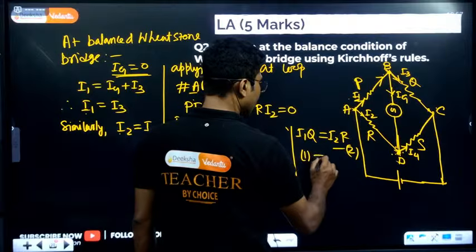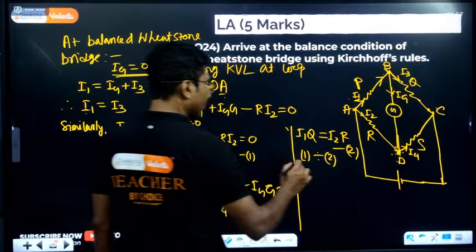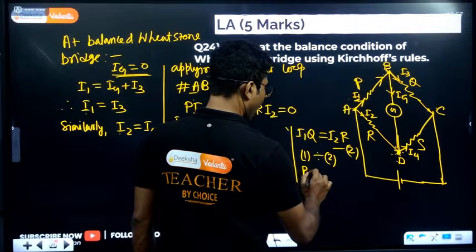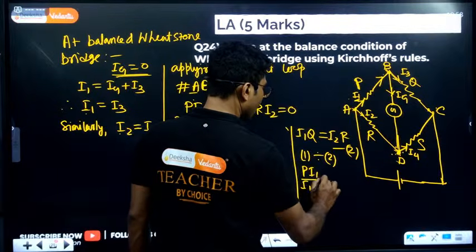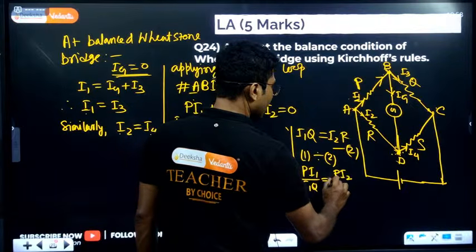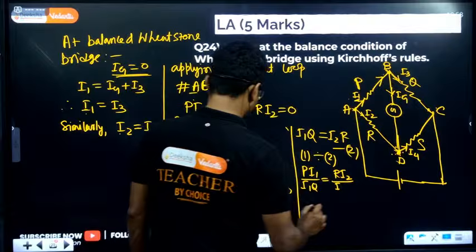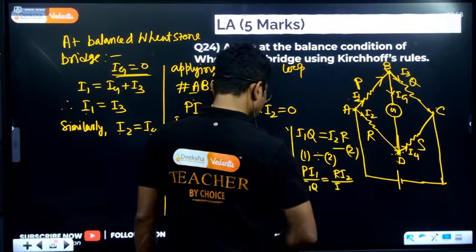So P I1 divided by I1 Q equals R I2 divided by I2 S. Sorry, here I made a mistake. It will be S.